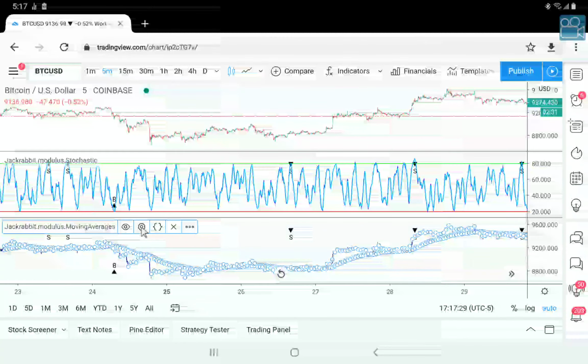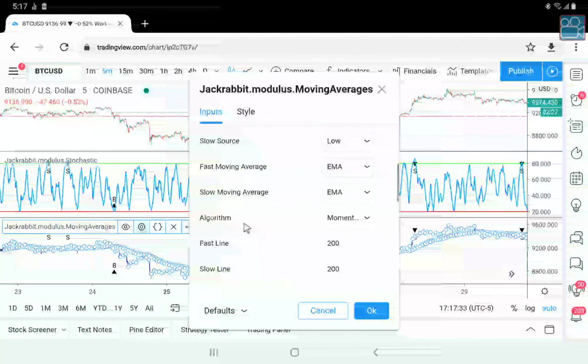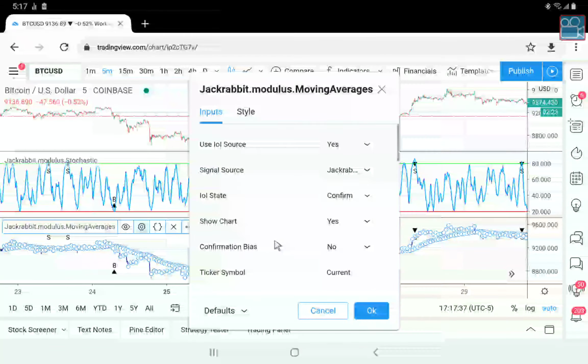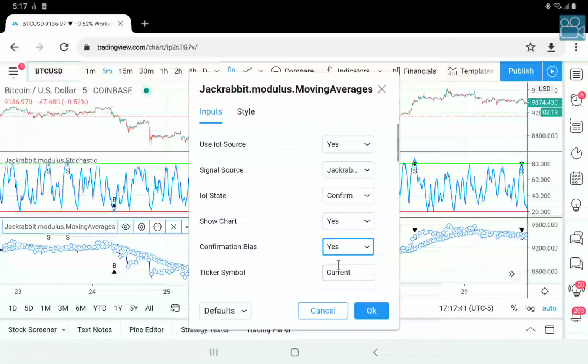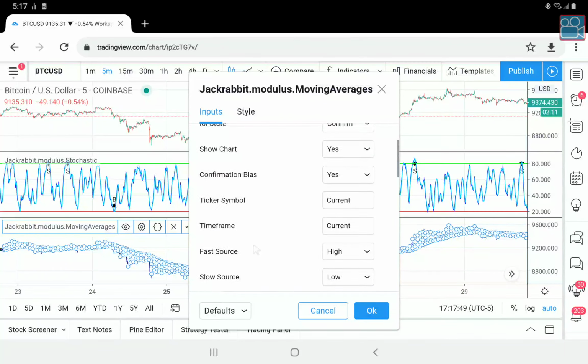For example, one of the things I like to do is confirmation bias. And again, you'll see this in the MACD line.